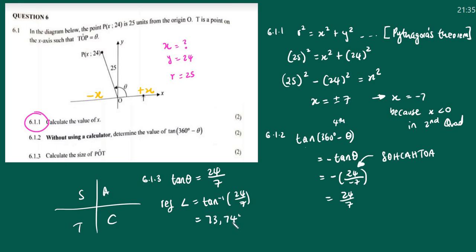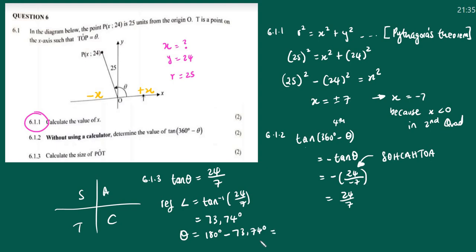Even though we don't have to round it off, we're just going to round it off for now. And then, since theta is in the second quadrant, theta will be 180 minus this reference angle.